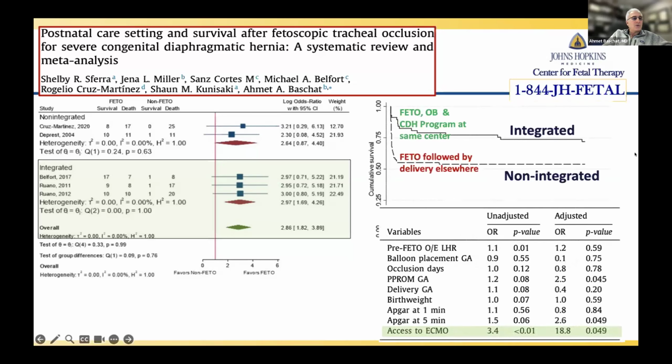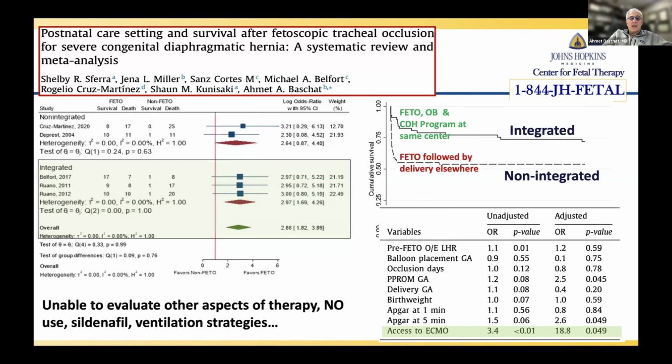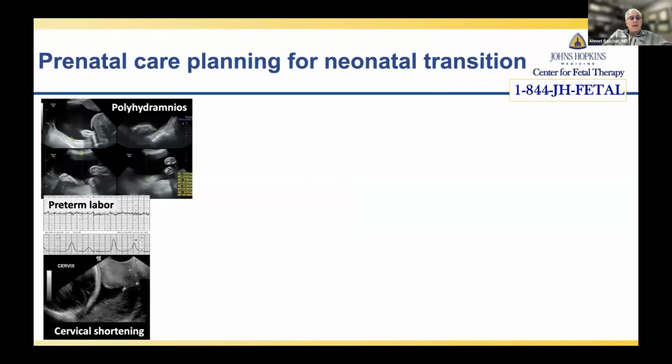And what this showed is that integrated programs, where everything is together, really have significantly better survival chances. And a large factor seems to be the access to ECMO, as well as the experience with ventilation strategies.